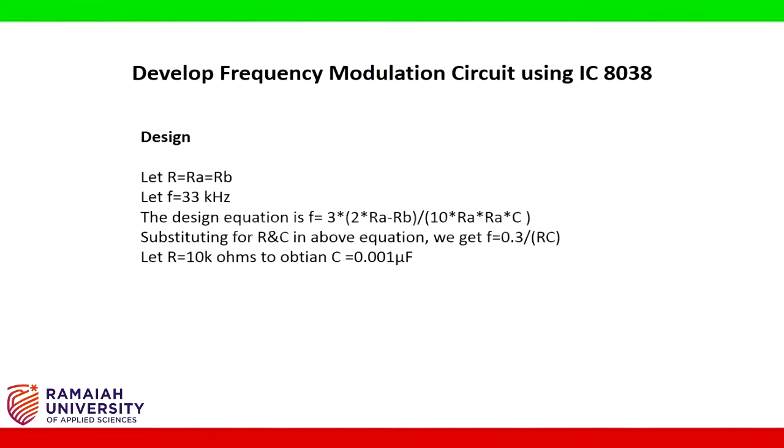The design equation is F equals 3 into (2 RA minus RB) by 10 RA C. Substituting for R and C in the above equation, we get F equals 0.3 by R C. Let R equal 10 kilo-ohms, to obtain C equal to 0.001 microfarad.